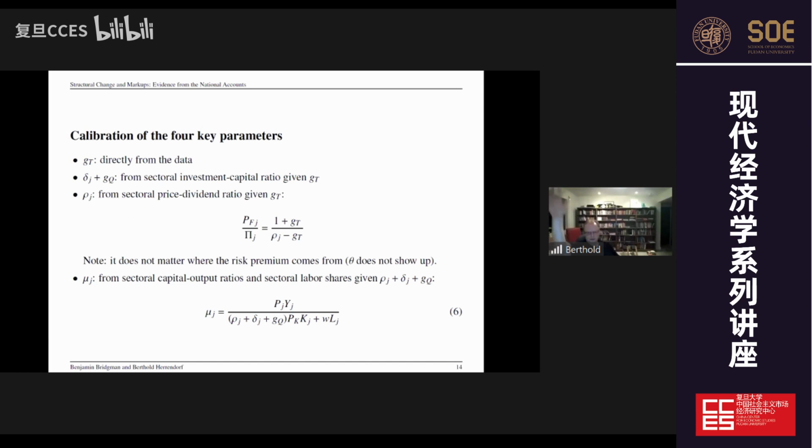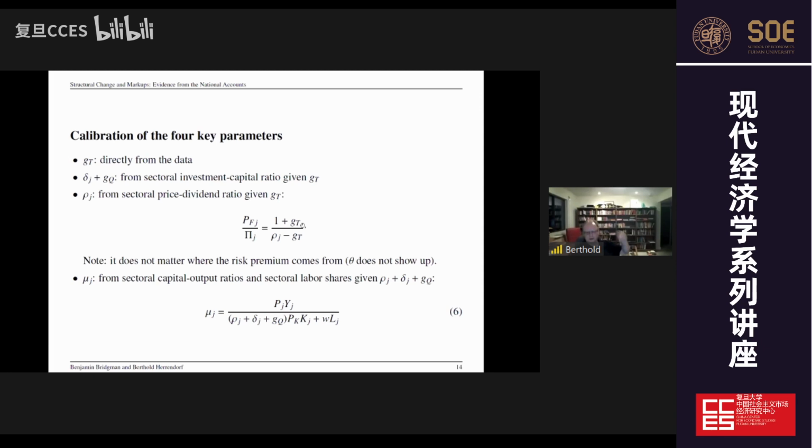Along the balanced growth path, profits grow at 1 plus G. If you discount with the expected interest rate or expected return on capital rho, you get the standard formula where the price equals 1 over rho minus G times the profits. And this is just due to a timing, that you have a 1 plus GT in here.